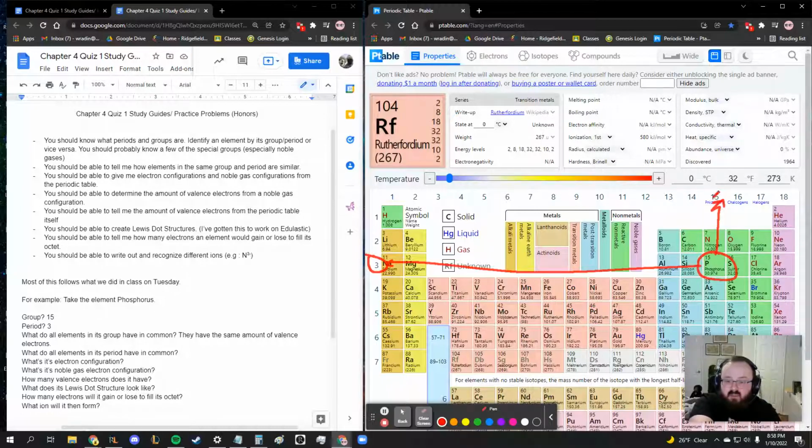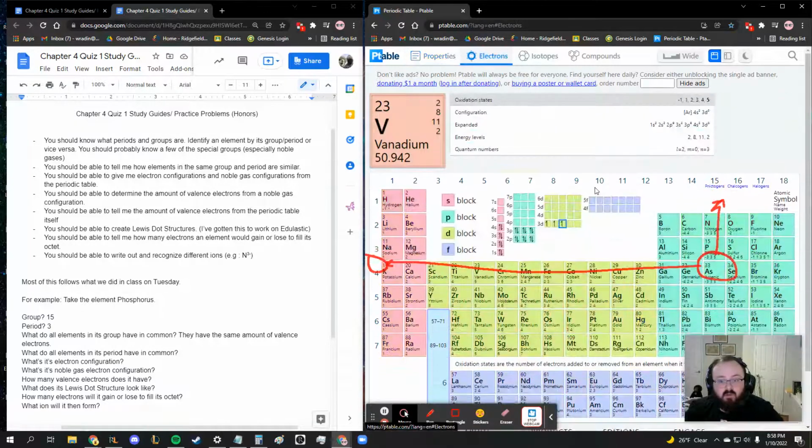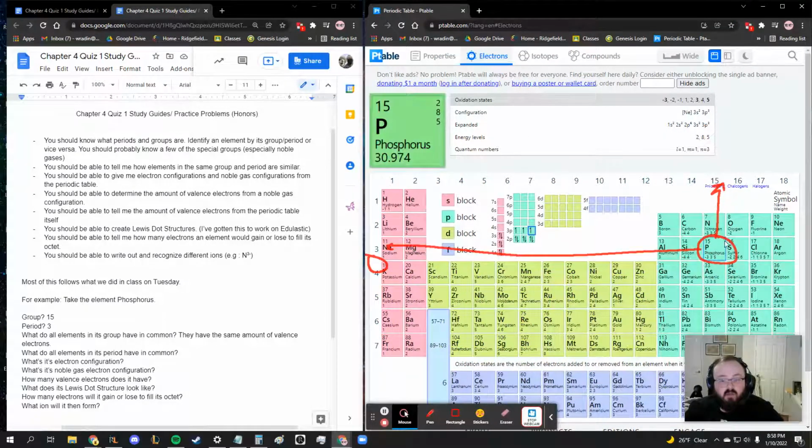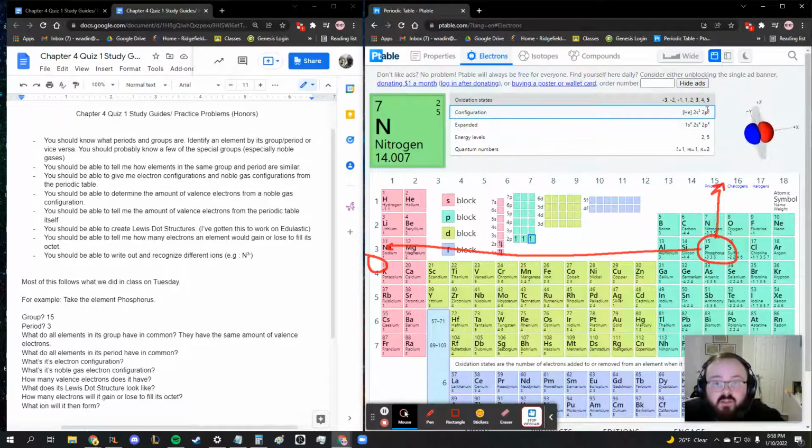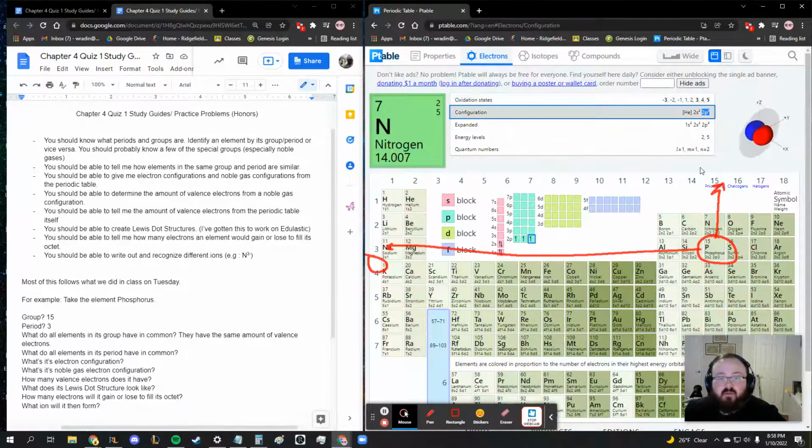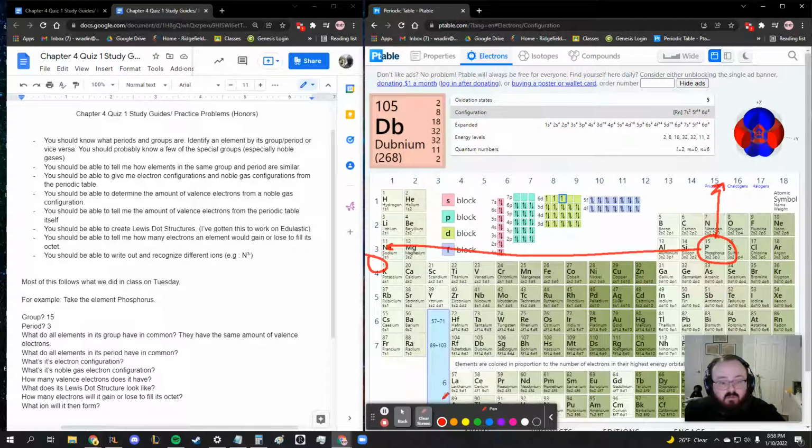The other thing is that they will have the same highest orbital. What I mean by this: I'm going to go to electrons over here. If we look at nitrogen, its electron configuration is 2p3. I'm going to show the blocks here actually.